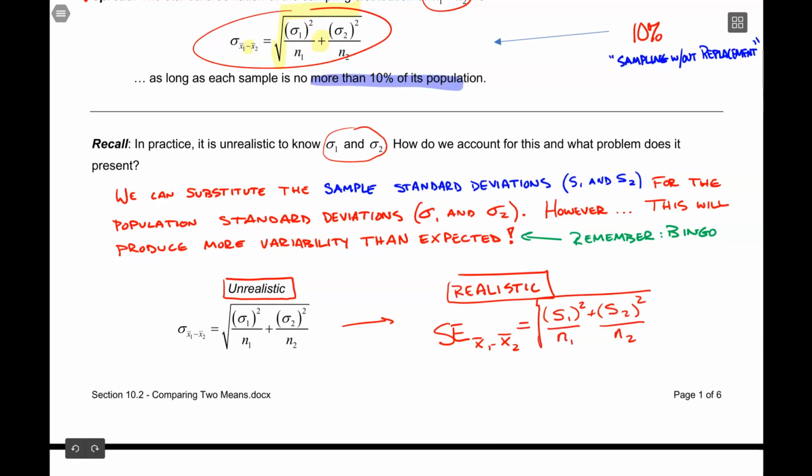So if that's more realistic and we use that, but it gives us more variability than is expected, how do we account for that? The answer is, you guessed it, folks, we'll need to use the t-distribution.